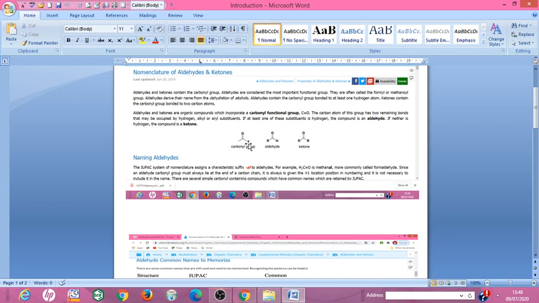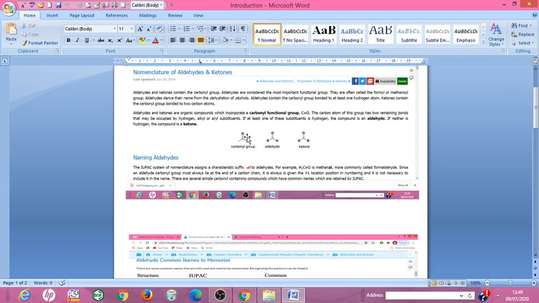In case of reactivity, if nucleophilic addition takes place in carbonyl group, the electronegativity of oxygen is greater than the electronegativity of carbon.